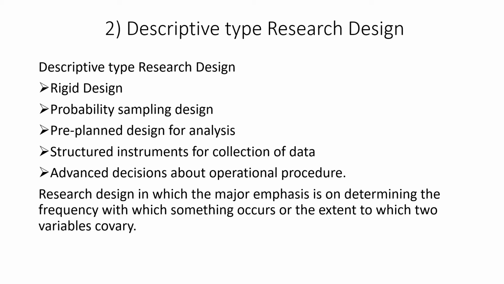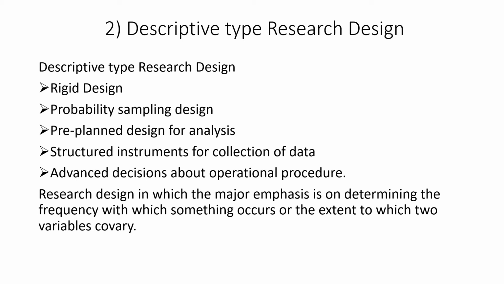Non-probability sampling means we have set a formula, we have set criteria in which some participants have better chances to be selected for our research, and some have poor chances or even the least chances to be selected. So probability sampling means randomization. Then a pre-planned design for analysis, which means we have done pre-planning.